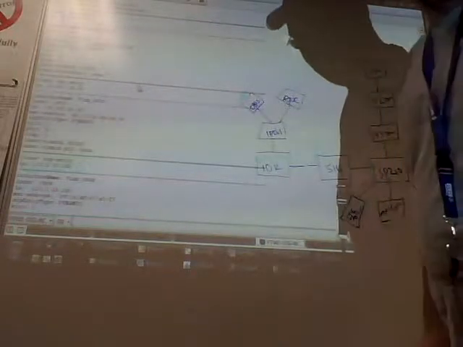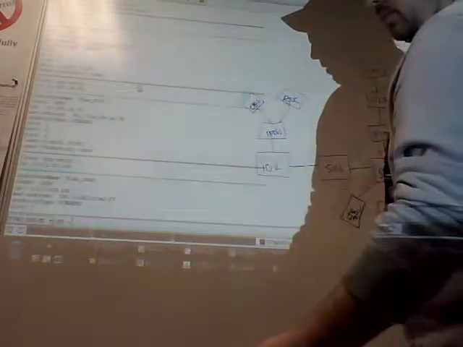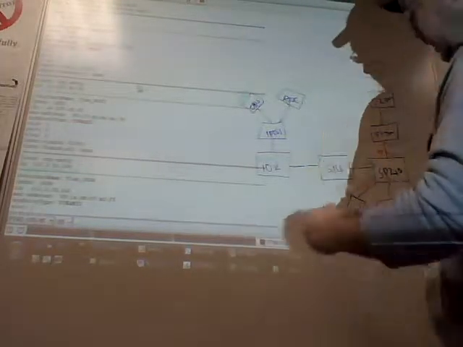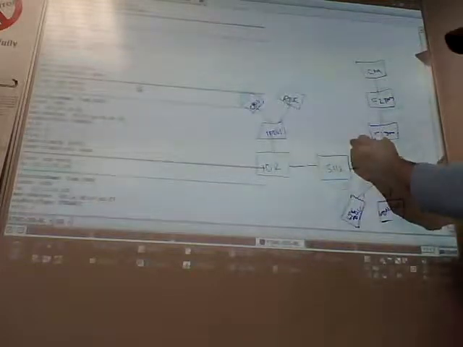Port 6. VLAN 3 is using port 8. VLAN 6, I think he's saying port 1. XMU dual, he's going to be saying port 2. Your backhaul is going to be saying port 16.